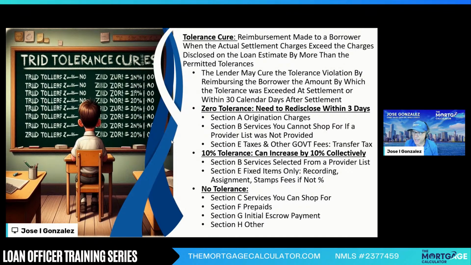The prepaids in Section F, like the insurance for the year, taxes, and any other prepaid items. And the Section G, initial escrow payment also. The reserves, like we like to call it, and the Section H, which, for example, are the other items like association, capital contribution, things like that.